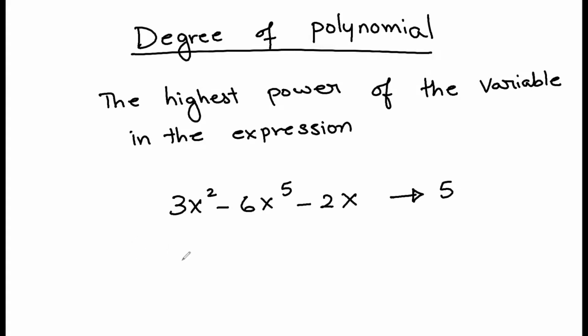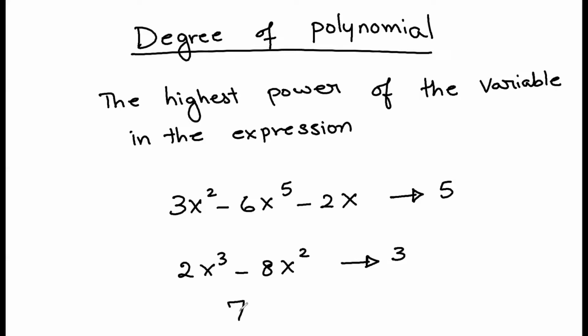Similarly, let's take another example. 2x cubed minus 8x squared. The degree of this polynomial is going to be, pause the video and try to answer. It is 3. Let's say you have an expression with one term, and that is 7.